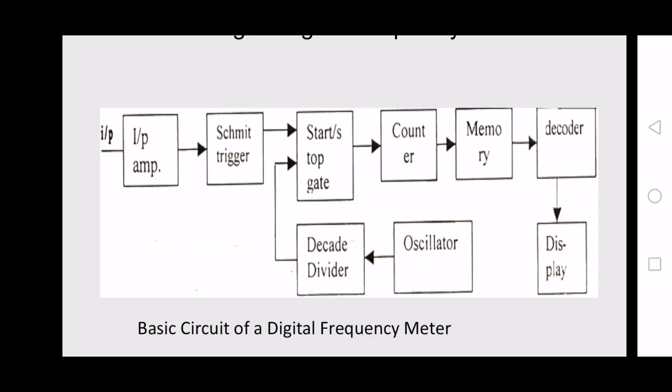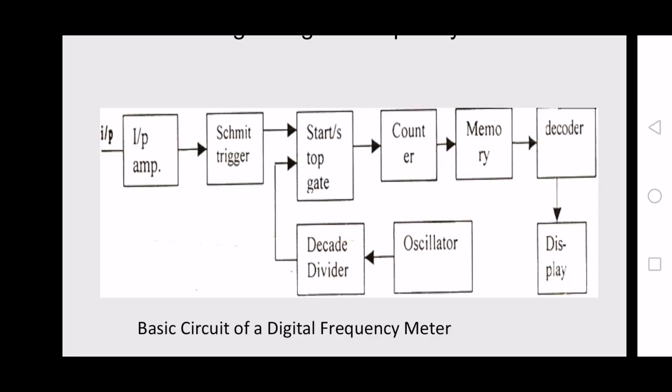Then it is applied to the gating flip flop, which means another input terminal of the AND gate. So both go to the start stop gate. Based on the decade divider input, the AND gate will be enabled or disabled. How much is the duration of the pulse of the known signal?